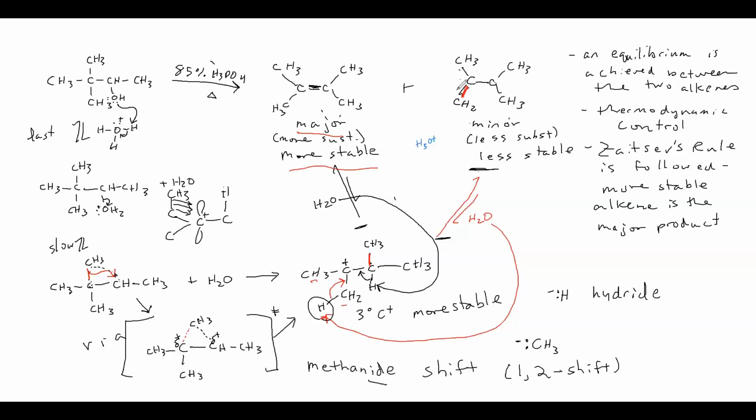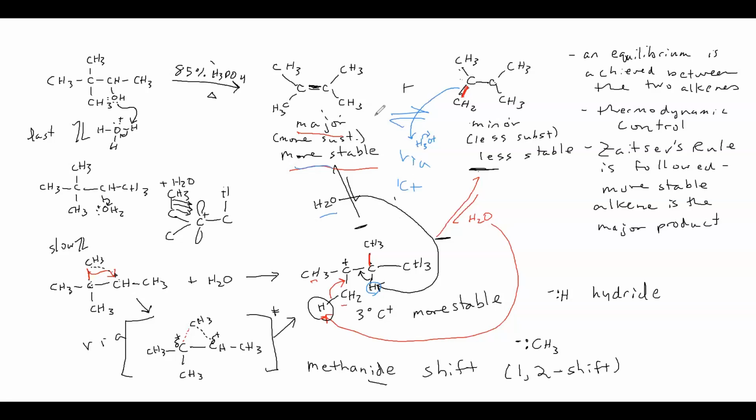So hydronium can actually donate a proton back on that alkene, and then you get this carbocation again, and then water can take the more substituted hydrogen here to form the more stable product. So this is an equilibrium that goes via the carbocation intermediate.